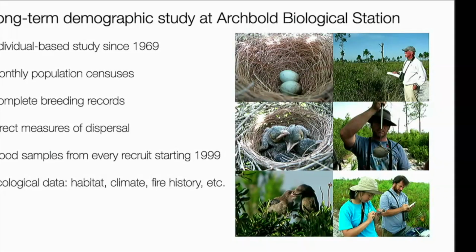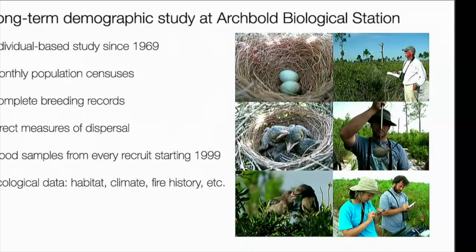In the censuses we also collect spatial data, so we have accurate direct measures of dispersal distance, which is nice. And importantly for my work, my colleagues started collecting blood samples so we can extract DNA from every new nestling or incoming immigrant in the population starting in 1999.